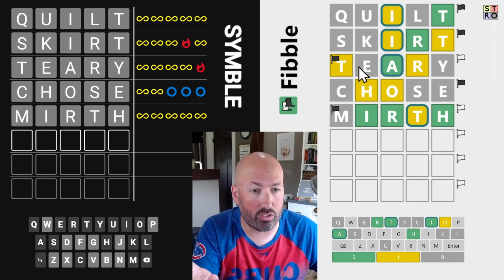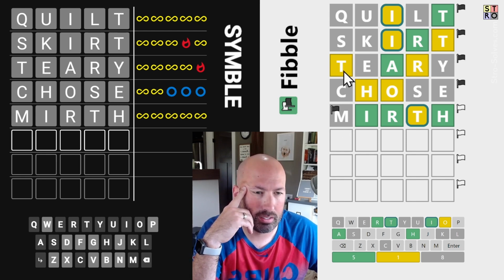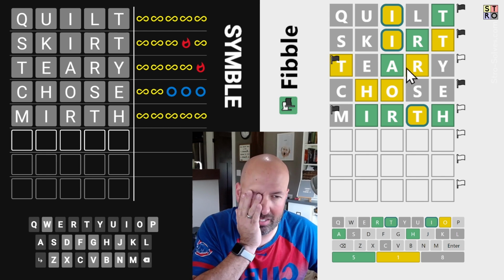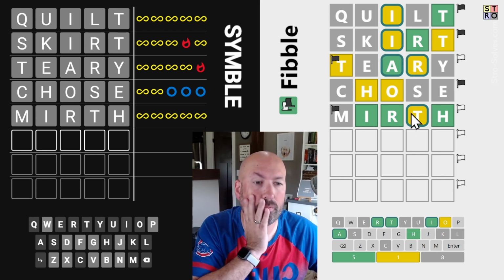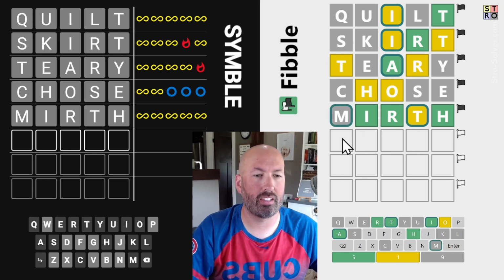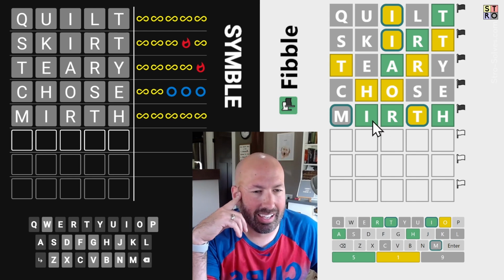No, which does make this true, so we can't do that. T at the beginning doesn't work, does it? No, it doesn't work. T at the beginning means this is a lie, which means these are both true. But no, that doesn't work. I don't think the M can be a lie. The M is true. That's what I'm saying.